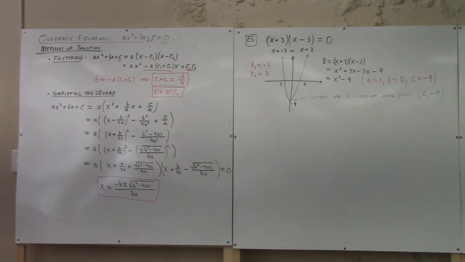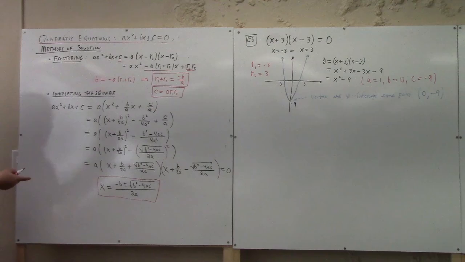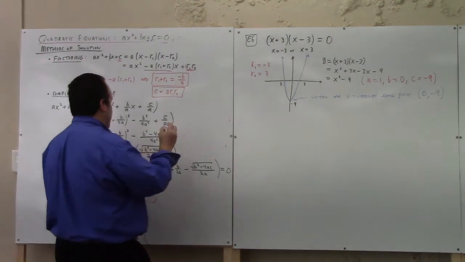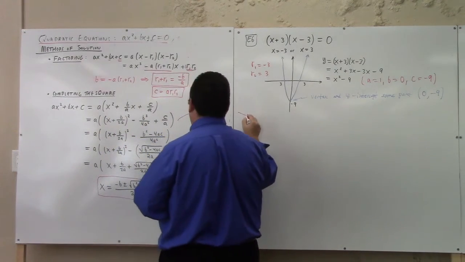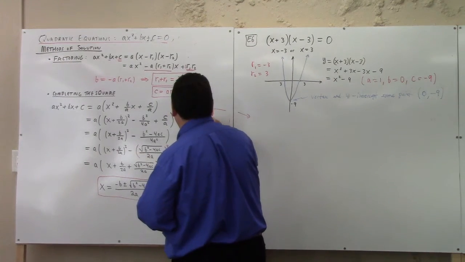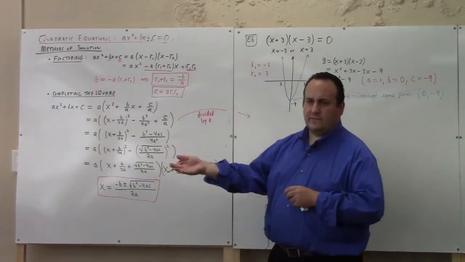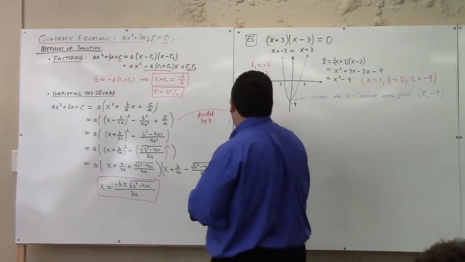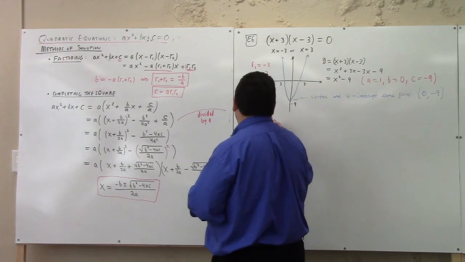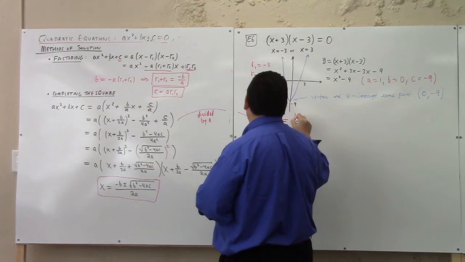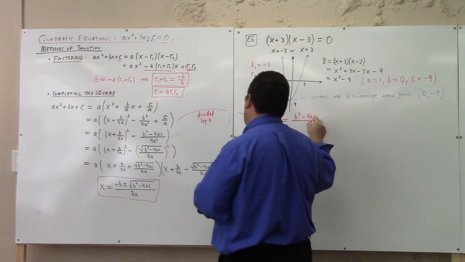So in the examples today, instead of taking the path I did here to find the quadratic formula, we did what? We went from here, we basically divided by a, got rid of the a. We divided by 3 in the one example, and by 2 in the other example. And that brought us to x plus b over 2a squared equals b squared minus 4ac divided by 2a squared.